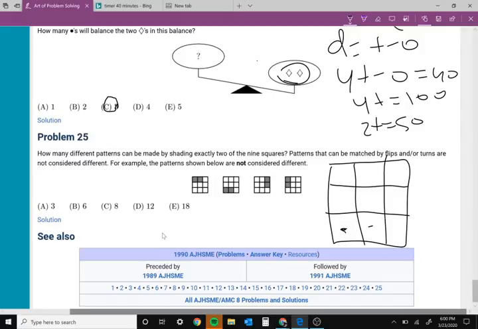You can also have 1 in the corner and 1 in the middle. You can have 1 in the edge and 1 in the middle. So that's 3, and then you can have 1 here and 1 here. That gets us 4. You can have 1 here and 1 here. That gets us to 5. 1 here and 1 here. That gets us to 6. I believe that's all of them.